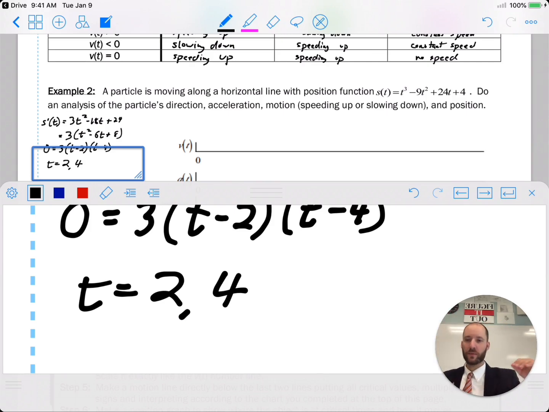So imagine the acceleration of gravity pulling this ball down. The ball is going up, but gravity is pulling it down. Eventually it pulls down enough where the ball starts going in the other direction. The gravity overcomes the ball's velocity, brings it back.